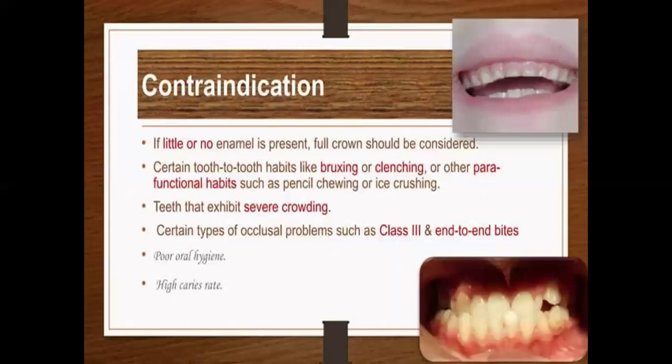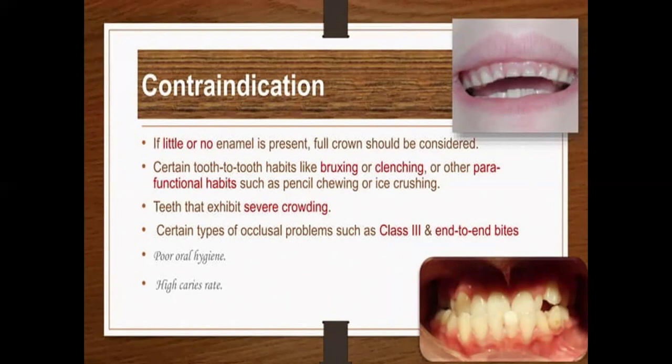When we come to the contraindications of veneers, if little or no enamel is present, a full crown should be considered. In that condition, veneers are not used as a treatment option.